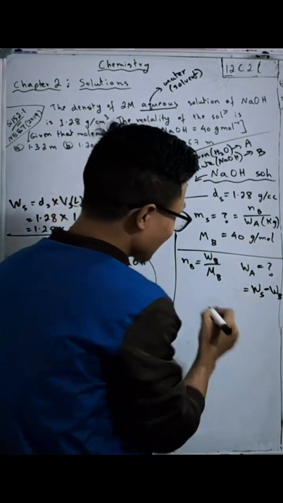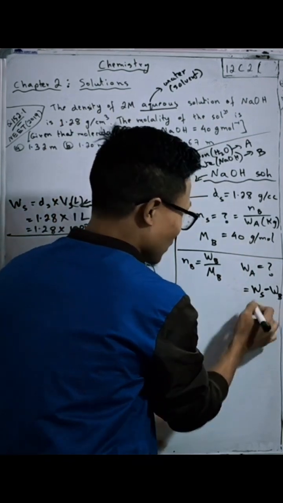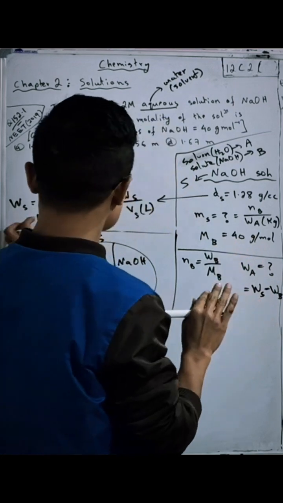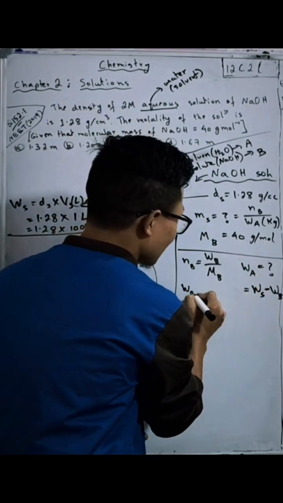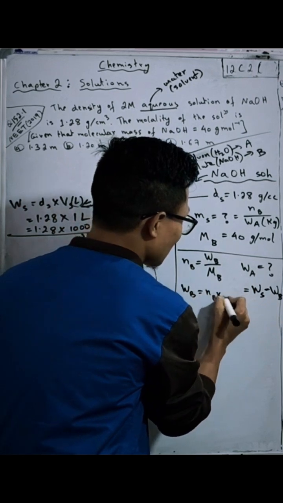We already got Ws, so now we have to find WB. WB is nB into MB.